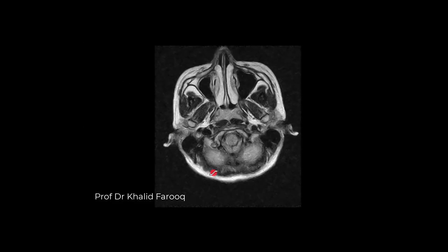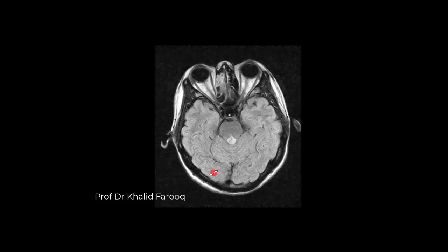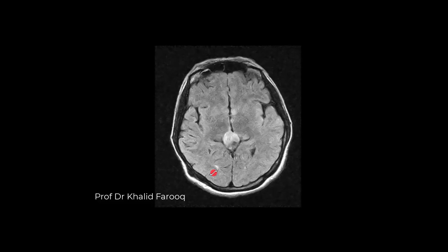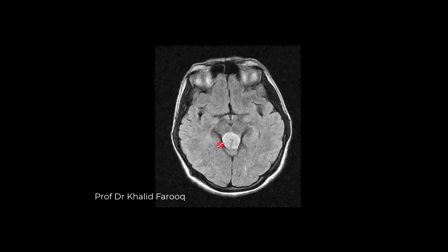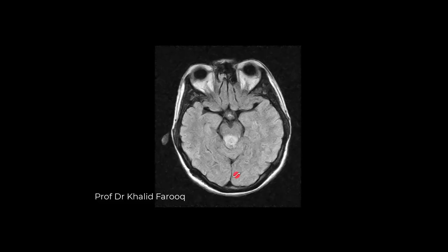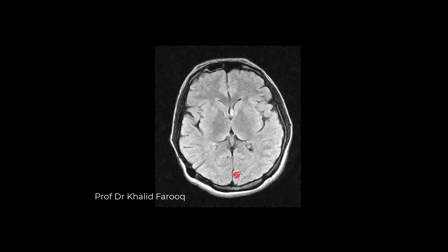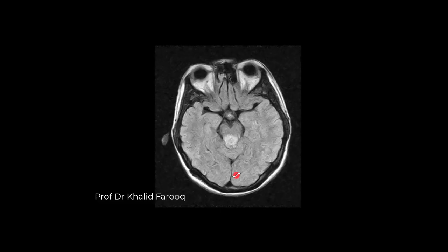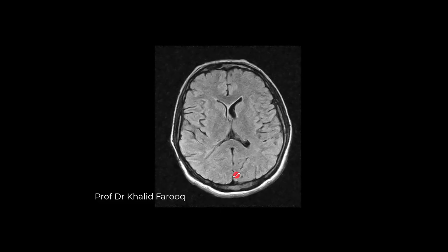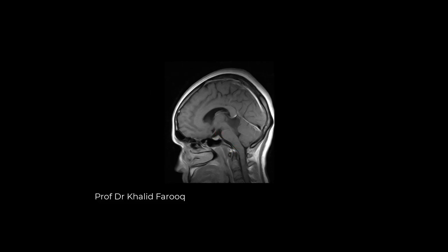Axial FLAIR sequence, where we can see abnormal increased signals within the cyst, which rules out the possibility of arachnoid cyst. VP shunt is noted over here. Here we can see this is sagittal post contrast image.